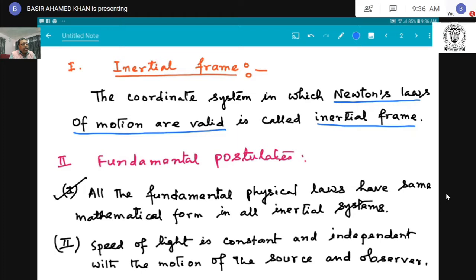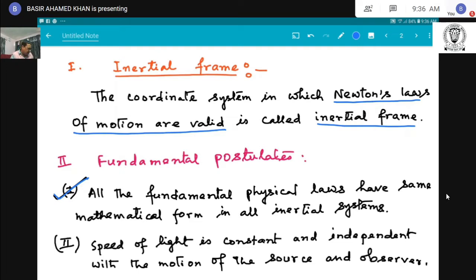This theory is based on the following postulates. First one is that all fundamental physical laws have the same mathematical form in all inertial systems.